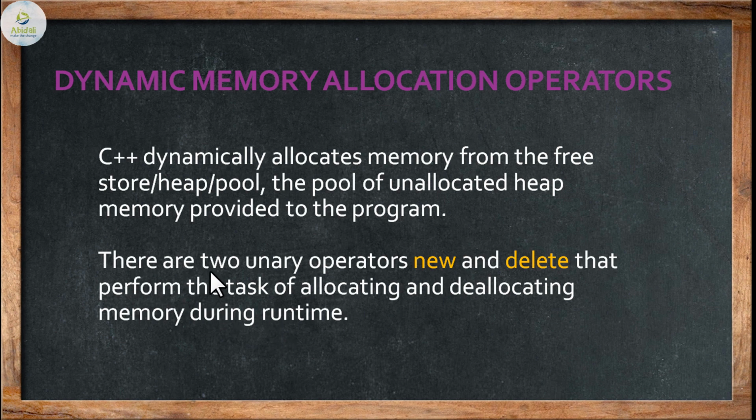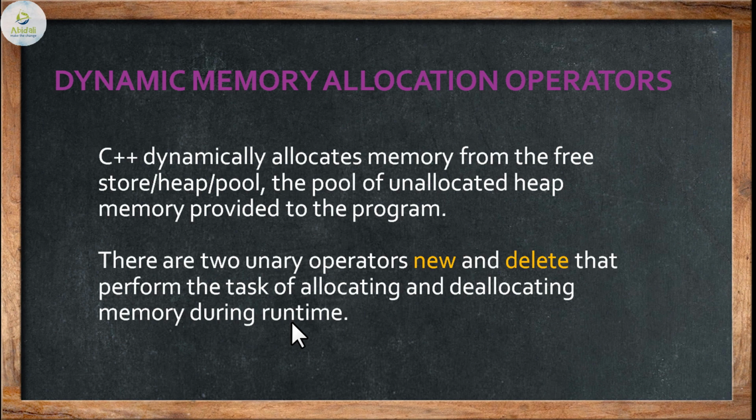So there are two unary operators that we will be using for dynamic memory allocation. Those operators are the new operator and the delete operator. The new operator performs the task of allocating, and the delete operator performs the deallocating of memory during the runtime or during the execution of the program.